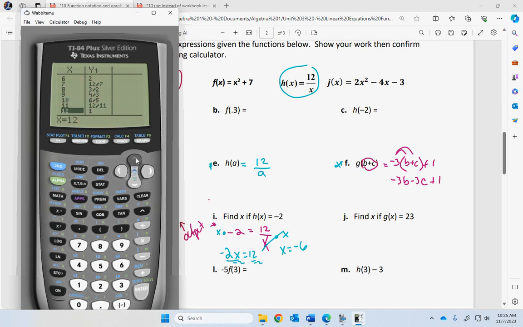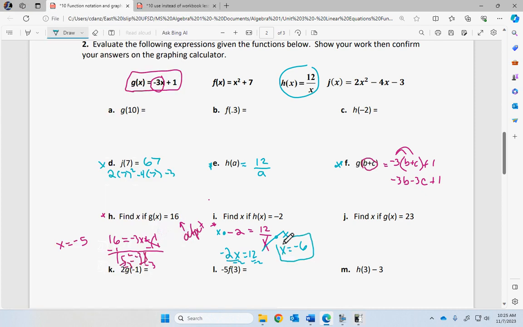This way is positive. Notice that one error. Do you know why it's an error? I hope you said because you can't divide by 0, it's undefined. Anyway, if we scroll up to try and find a -2 output, not the input, the output, it's right here. When x is -6, the output's -2. So I'm happy with my answer when x is -6.